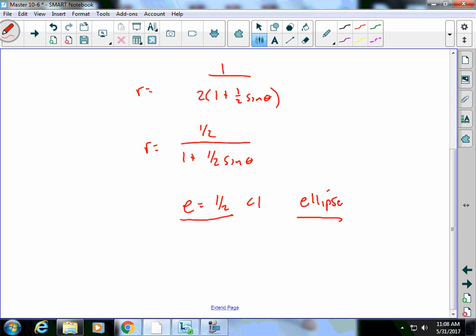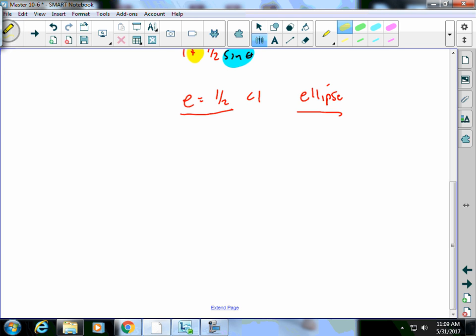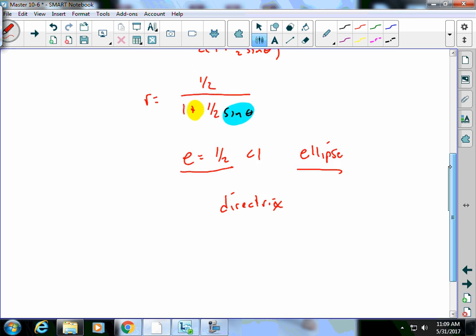I need the equation of the directrix. I see that I have a sine, so I know my equation will be a y. And I see a plus, so I know it's a positive value for my directrix. So the directrix we have to find. So let's do that.